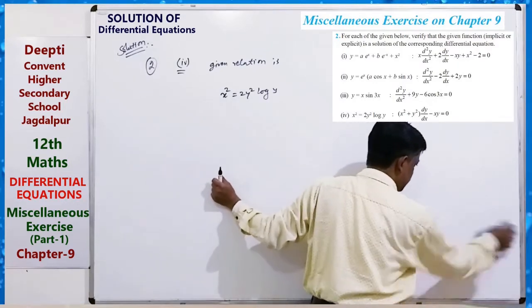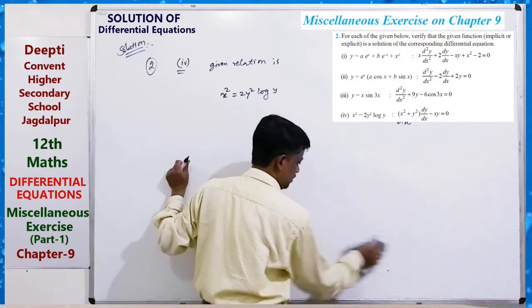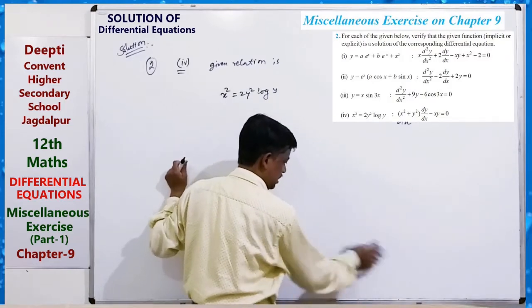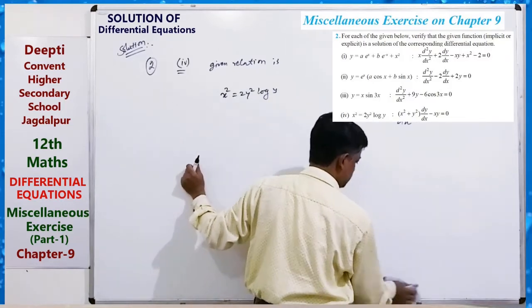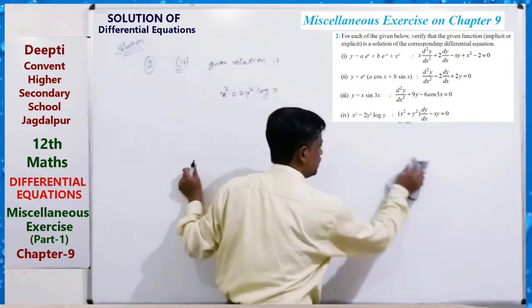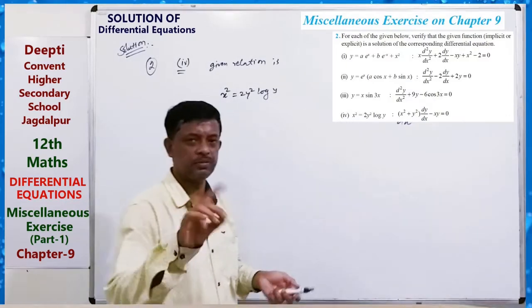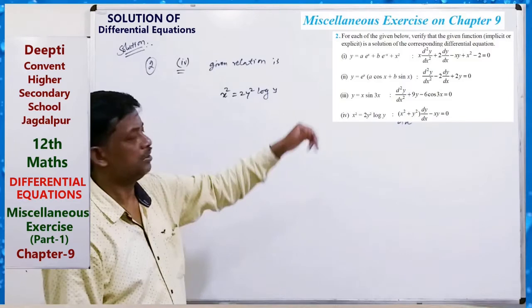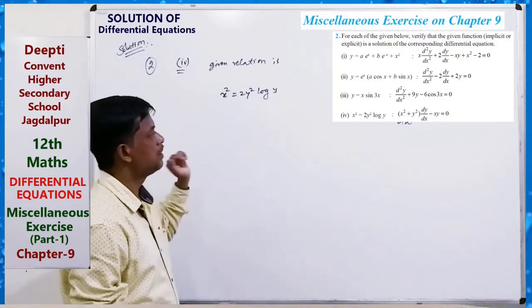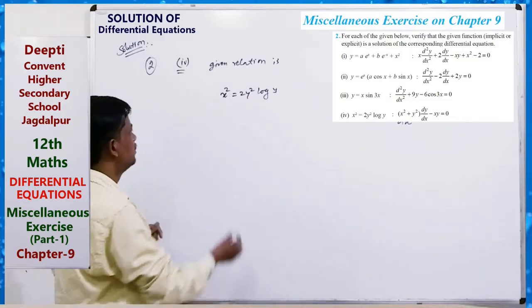Also, if from the given relation we can get the differential equation directly, then we can say that the given relation is also a solution of the differential equation. Clear?